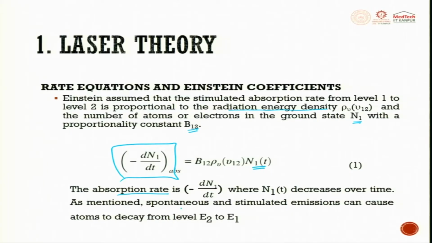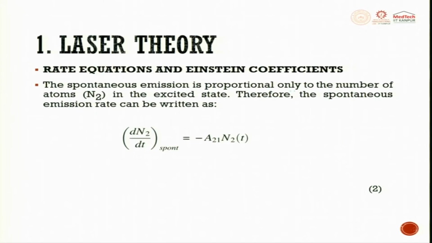As mentioned, spontaneous and stimulated emission can cause the atom to decay from E2 to E1. Once it is returning from E2 to E1, it is called the decaying process. Here you can find the absorption rate with respect to time.